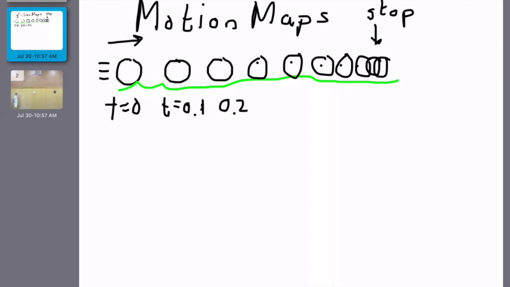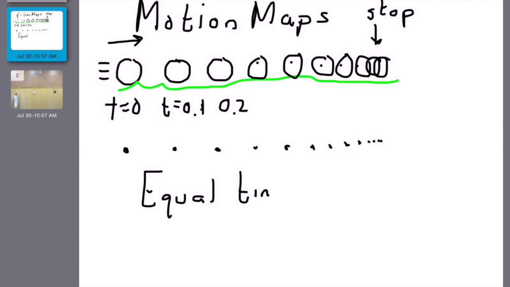A motion map of this would look like this. So it's equal time frames. I'm not going to get it to line up just right. Okay, so it's equal time intervals. Where is it after each one of these equal time intervals?